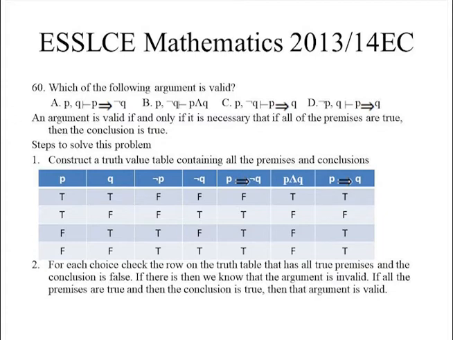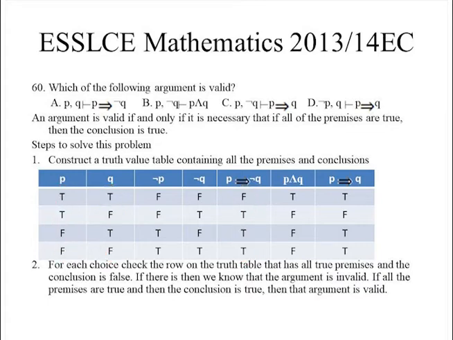Choice A, P, Q yields P implies negation of Q, meaning we are comparing first column, second column, and the fifth column. First and second column are true only in the first row, but the first row of fifth column is false, meaning the premises are true and the conclusion is false, so the argument is invalid.